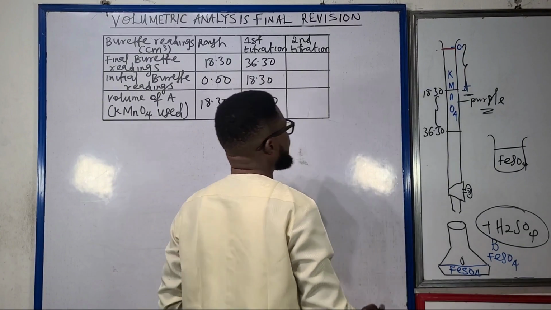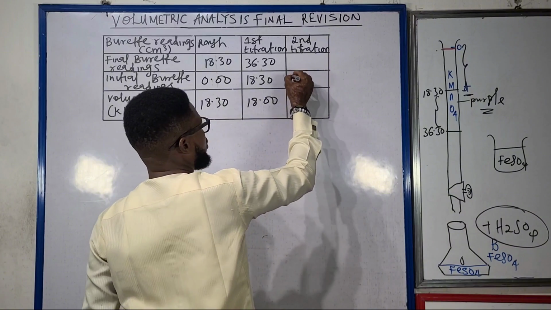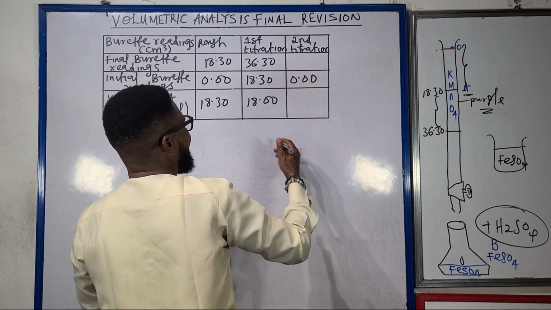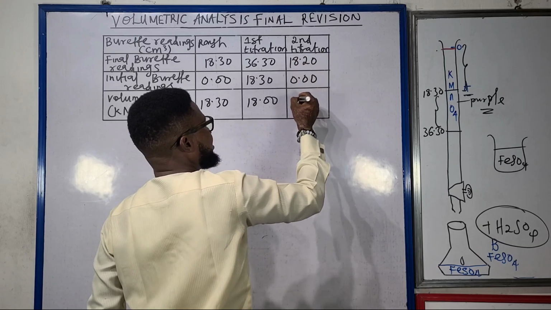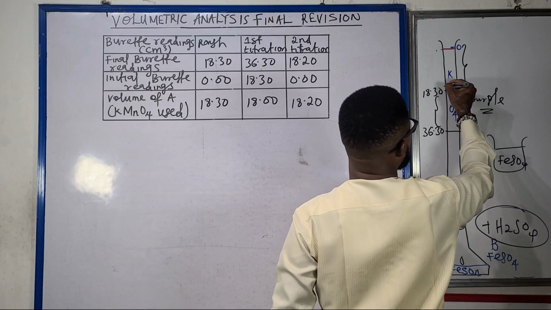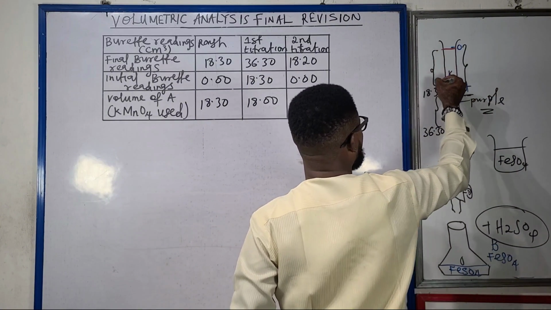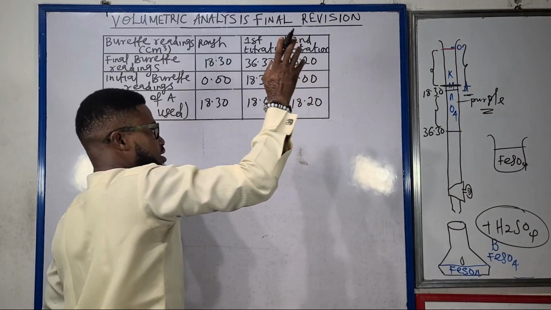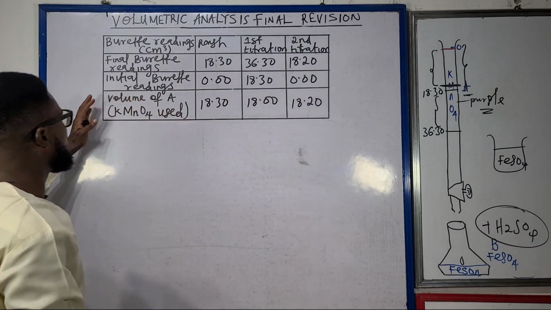After which we then had to fill up the burette again, getting back to 0.00, and this time around it stopped at 18.20. So from here to 18.20, we got 18.20 for our second titration, talking about the volume of KMnO4 used.